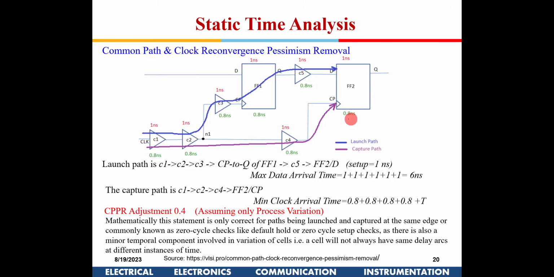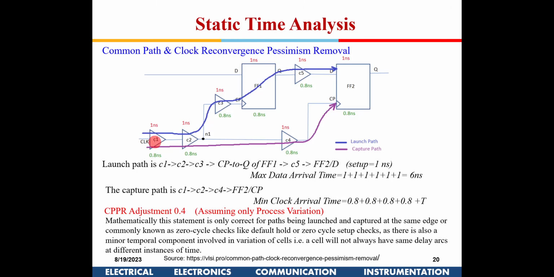The reason is, once we fabricate these devices, C1 and C2, during one edge this is 1 nanosecond, and in the next stage it will be 0.8 nanosecond. That can't happen, right? That probability is very, very low.